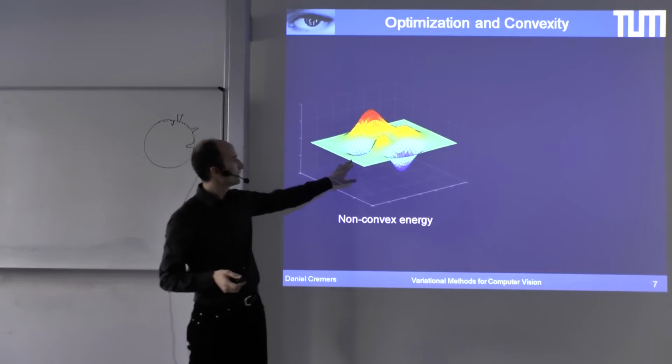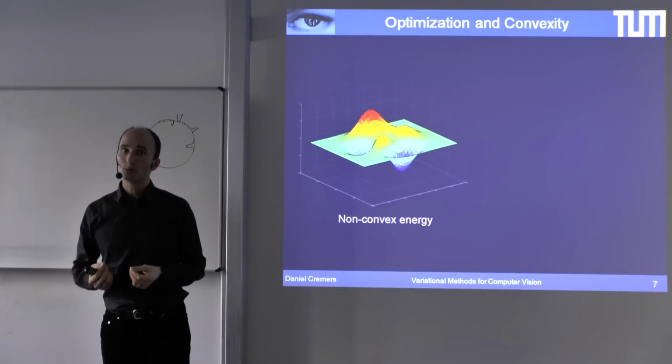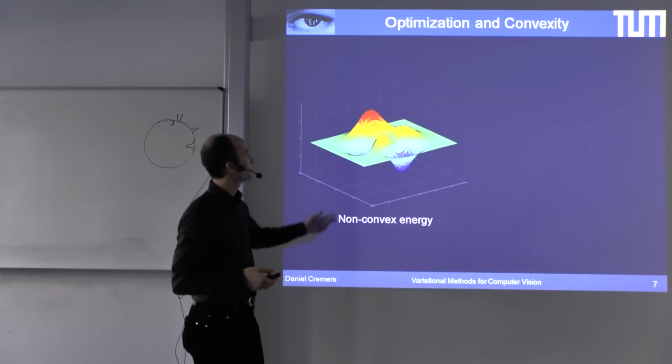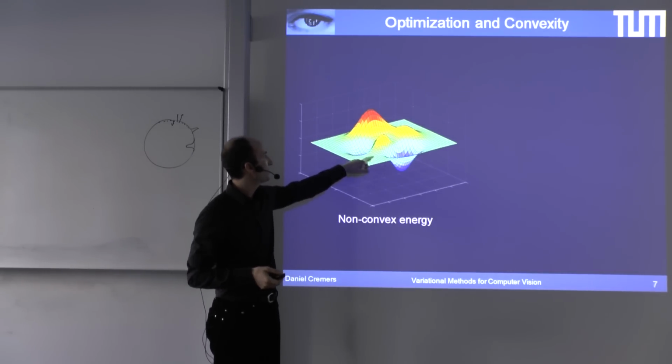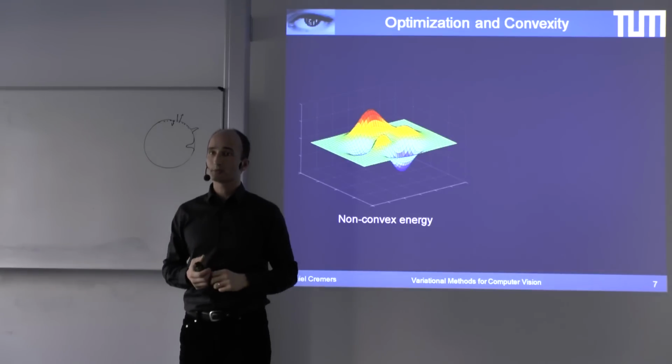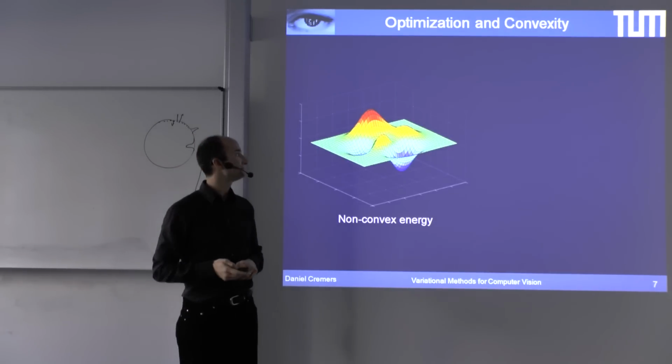So somehow we are stuck, once we don't have convexity, to actually find the global optimum. In practice, what people often do, if they don't have convexity, is they initialize somewhere and find a locally optimal solution. And we'll learn a little bit in class how that is done.